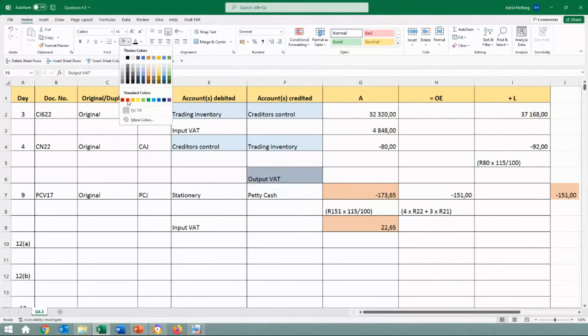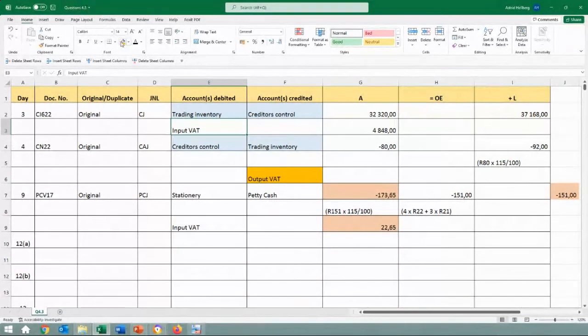I'm going to highlight this in orange so that you can see it's changed. Initially we claimed input VAT, but when I return it, SARS deems it as if you sold it back for VAT purposes. Then you take it to output VAT, and the net effect would be 0.